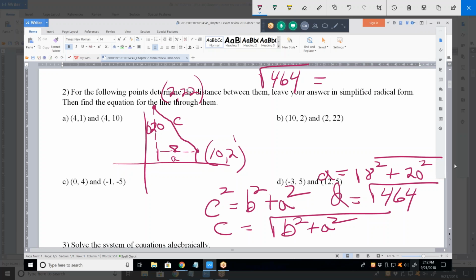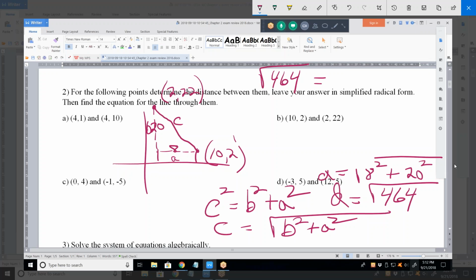What you do not want to do is use your calculator to do it, because your calculator will give you a decimal answer, unless it's a whole number. I can't think of what whole number squares to 464. But let's practice our algebra and how you reduce radical form. You want to break that number up. You want to factor it into two numbers, one of which is a perfect square number.